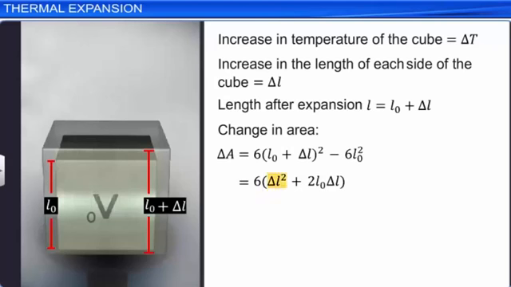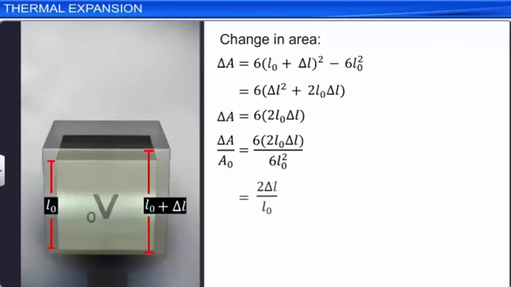The term delta L squared can be ignored as the value is negligible. Then we get delta A equals 6 into 2 L naught delta L. Now, dividing delta A by A naught, we get 6 into 2 L naught delta L by 6 L naught squared. On further simplification, we get alpha A equals 2 alpha L. Let this be equation 1.